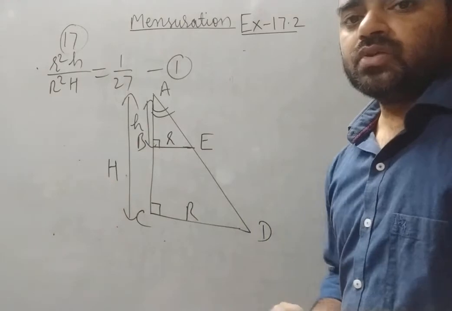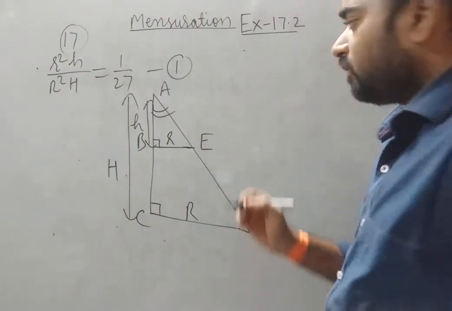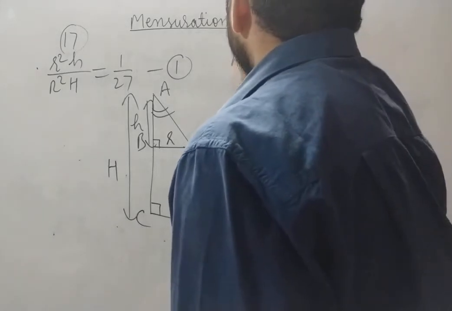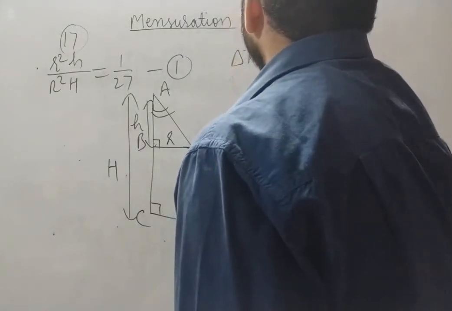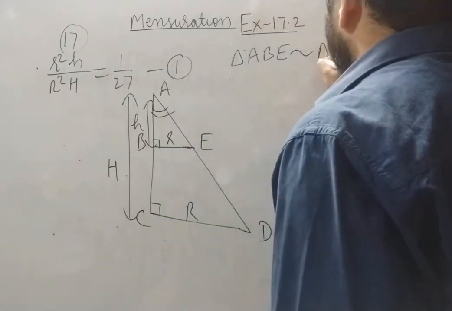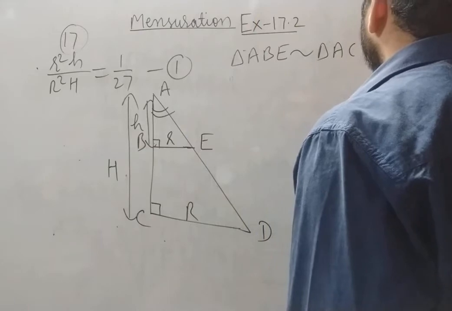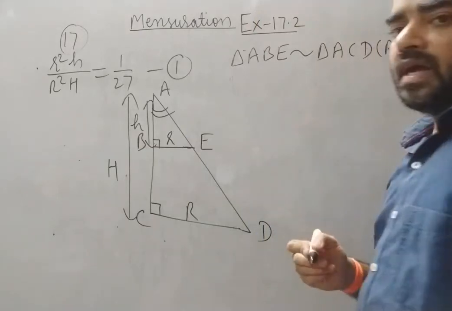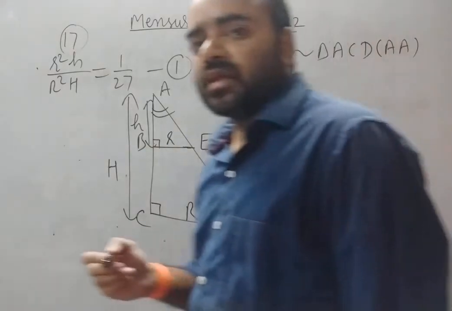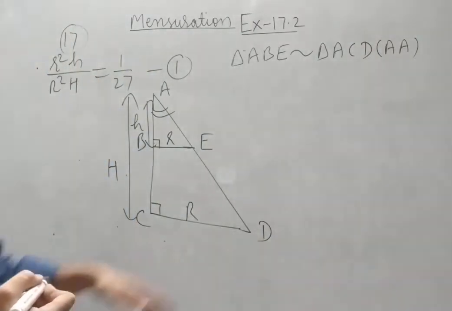So clearly these two triangles are similar, not congruent. Triangle ABE is similar to triangle ACD, and the criterion is the angle criterion.